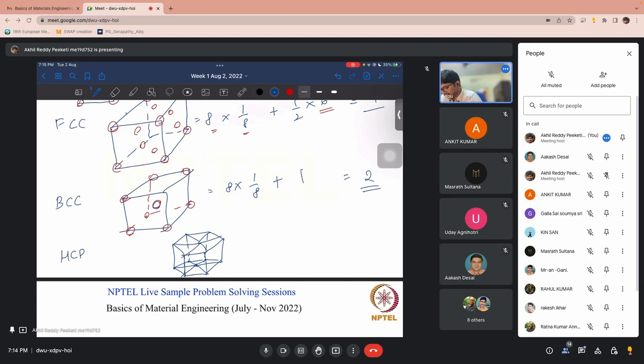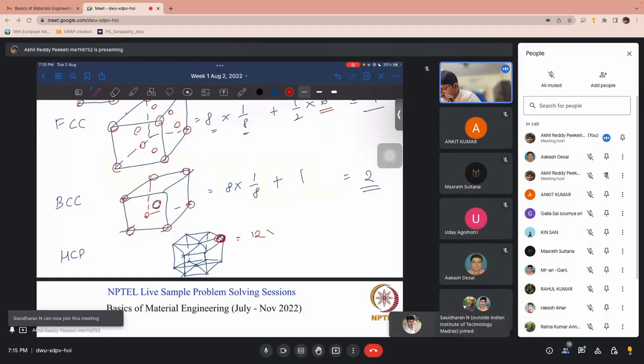Okay. So in HCP we will have atoms at the corners, but each corner is shared by 6 unit cells. So how many corners will it have? 1, 2, 3, 4, 5, 6, 7, 8, 9, 10, 11, 12.